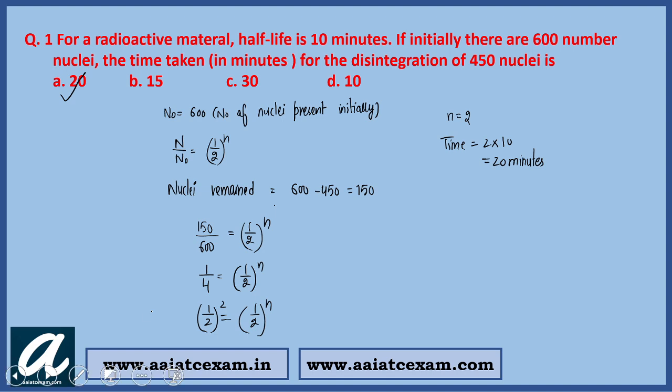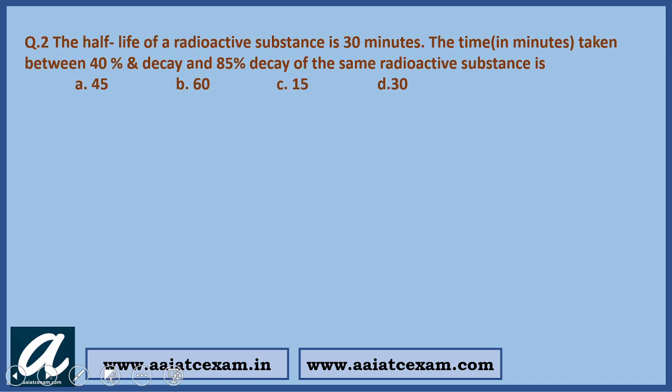Let us solve question number 2. The half-life of a radioactive substance is 30 minutes. So the time taken between 40% and 85% decay of the same radioactive substance, students, consider originally there is 40% nuclei which has decayed.